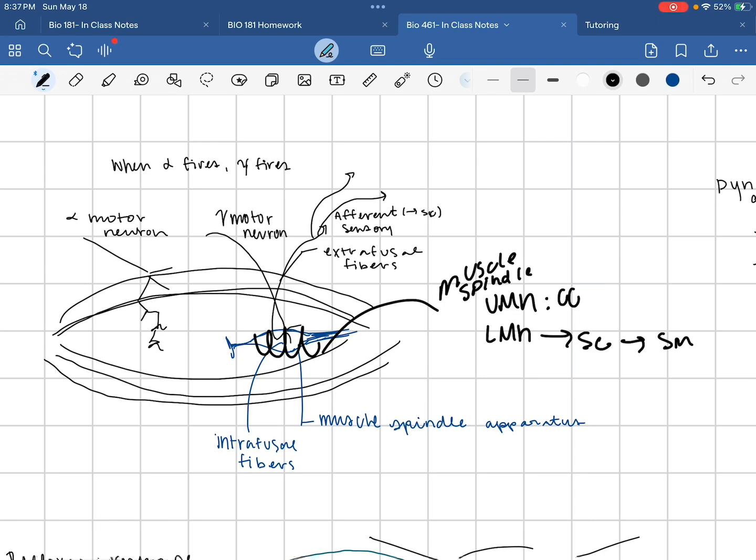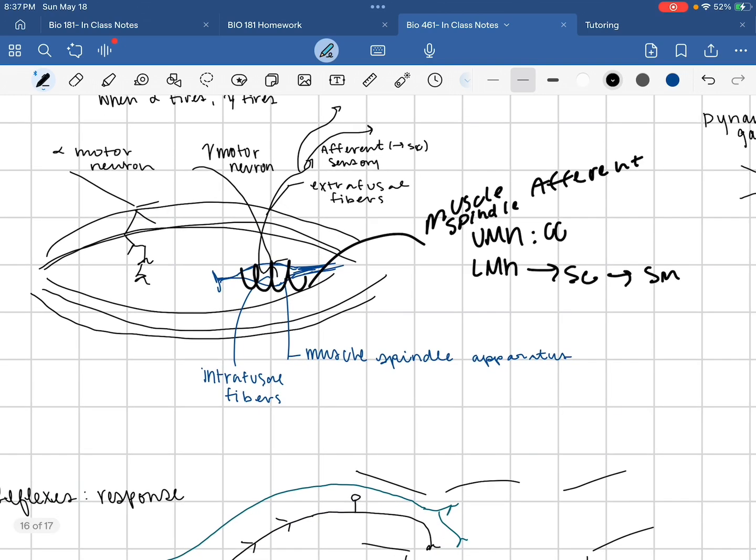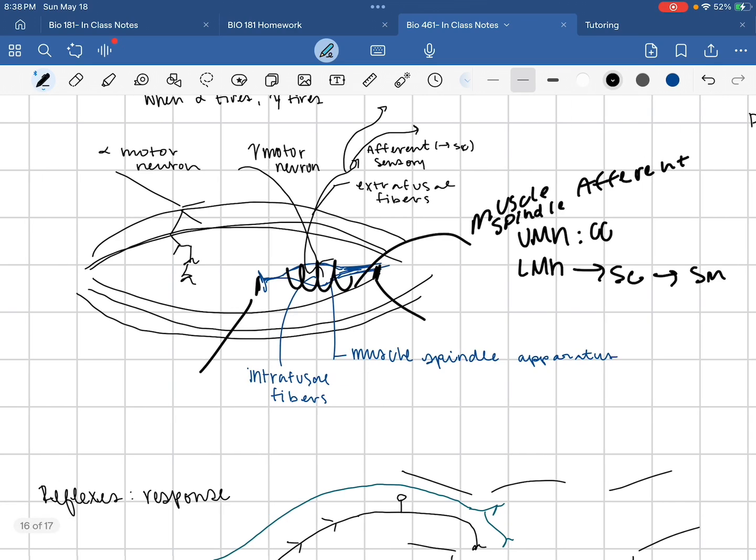It's an afferent sensory technically, meaning that we are going to the spinal cord. And then basically on the ends of these little muscle spindles, we have our gamma efferent motor neurons.